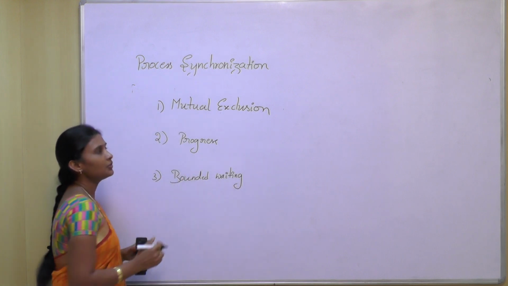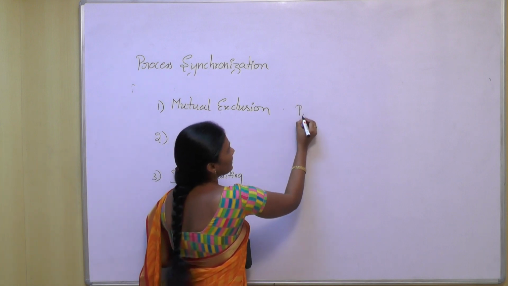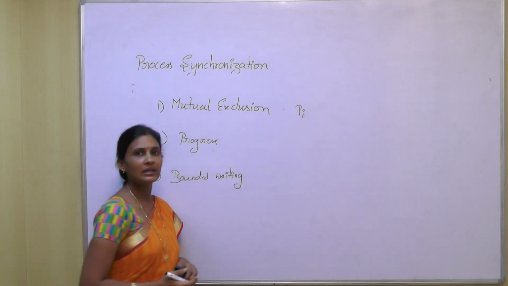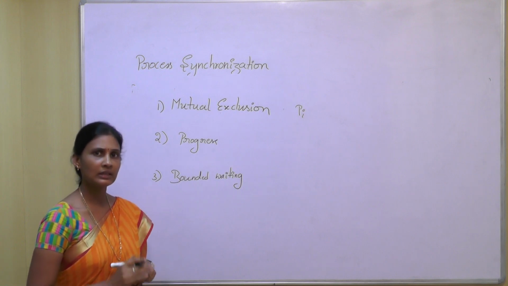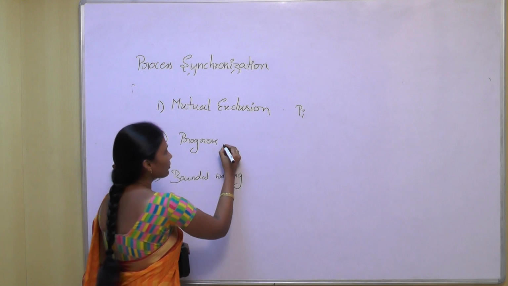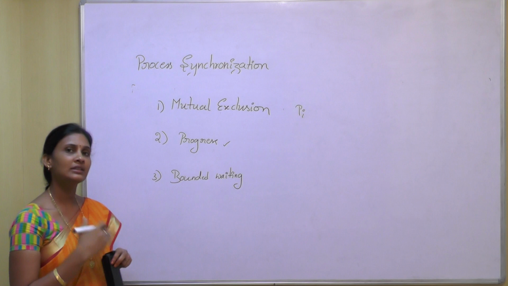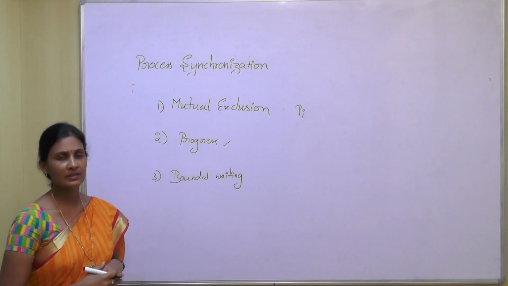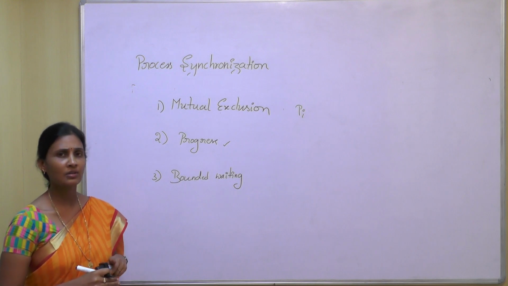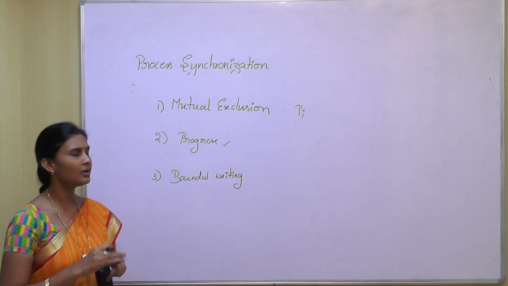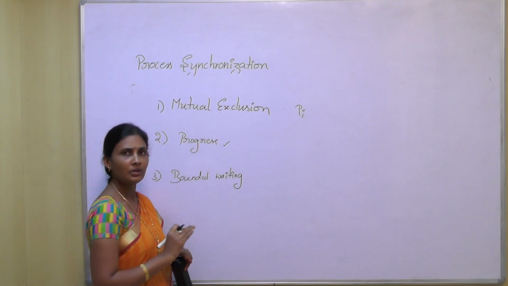Coming to mutual exclusion, if process Pi is in the critical section, we should not allow any other process to execute in that critical section. Coming to progress, if there is no process in the critical section and another process wants to enter, then only if that process is not in its reminder section can we allow it to enter into the critical section. That is the requirement, progress.